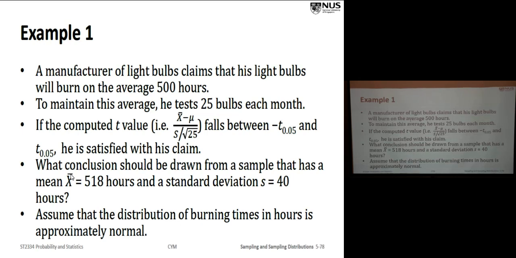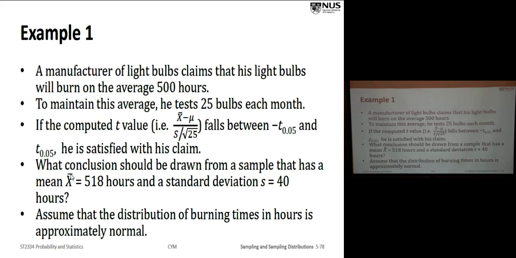In order to investigate this average, this individual tests 25 bulbs each month, and if the computed t value falls between minus t 0.05 and t 0.05, this individual is satisfied with the claim. So the question is: what conclusion should be drawn from a sample that has a mean of 518 hours and a standard deviation of 40?